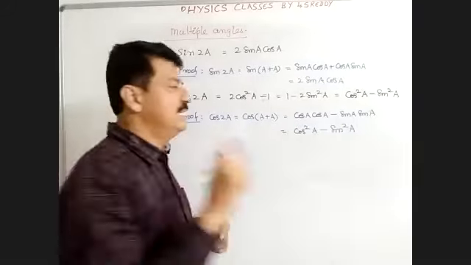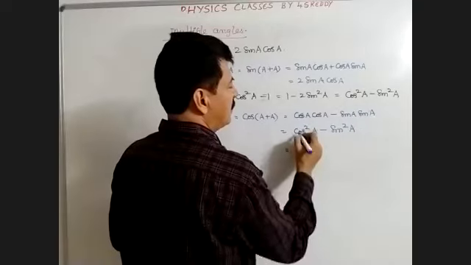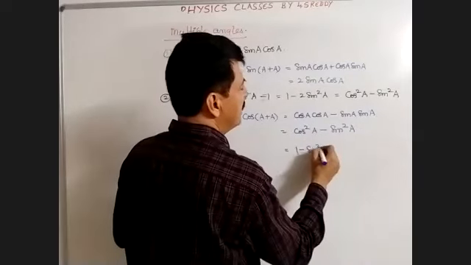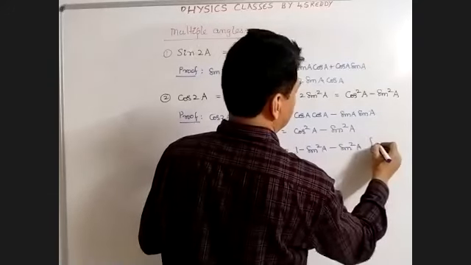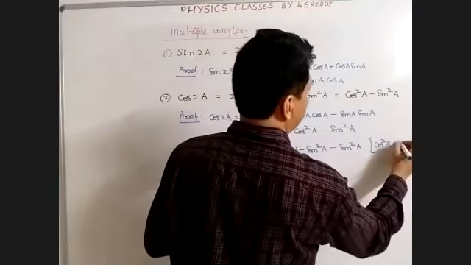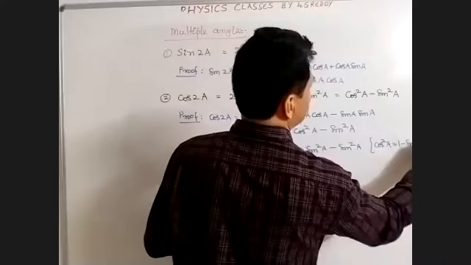But using identities, cos square A can be written as 1 minus sin square A, minus sin square A.